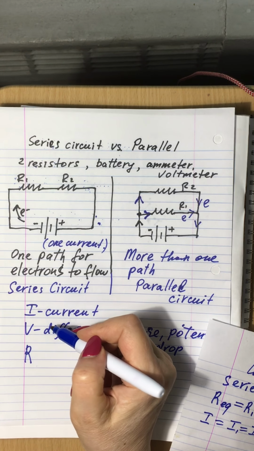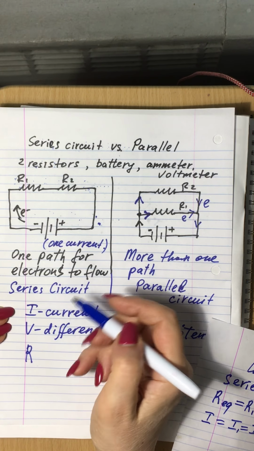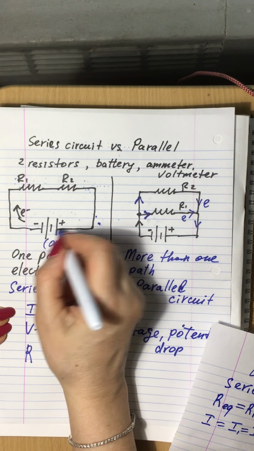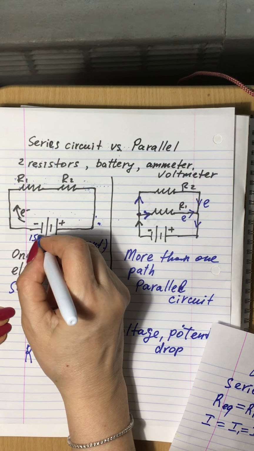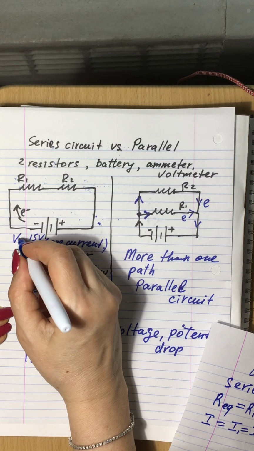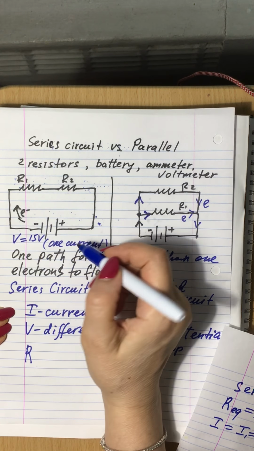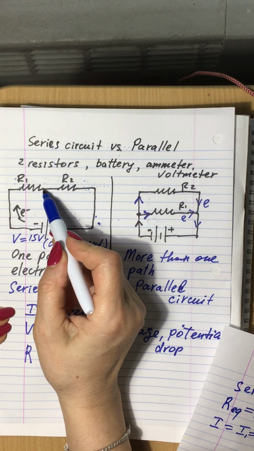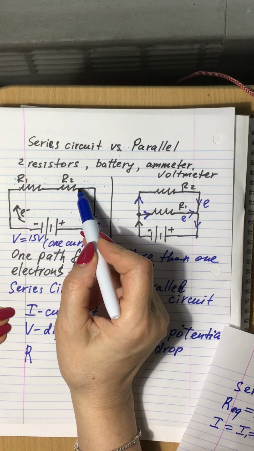Now I need to find out what the rule for potential difference is. Let's say that the potential difference of this device is 15 volts. That would be my total V. So what will happen here? Electrons need to go through the first resistor, and then through the second one.